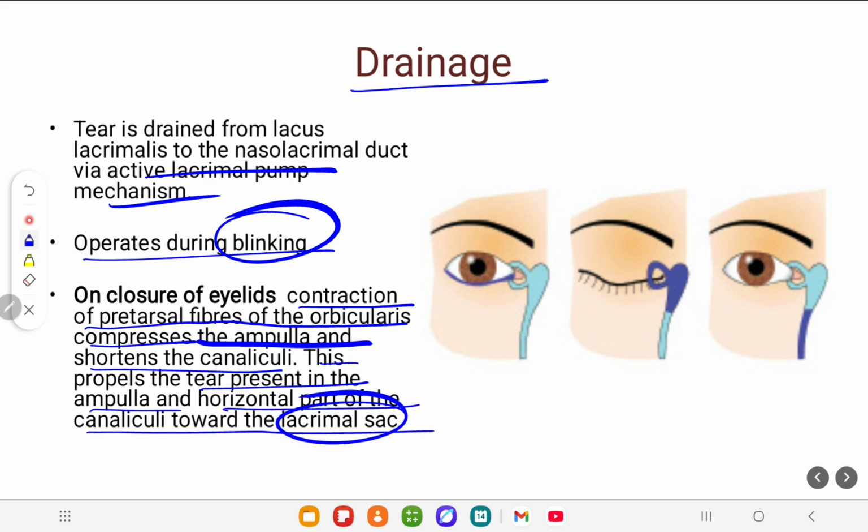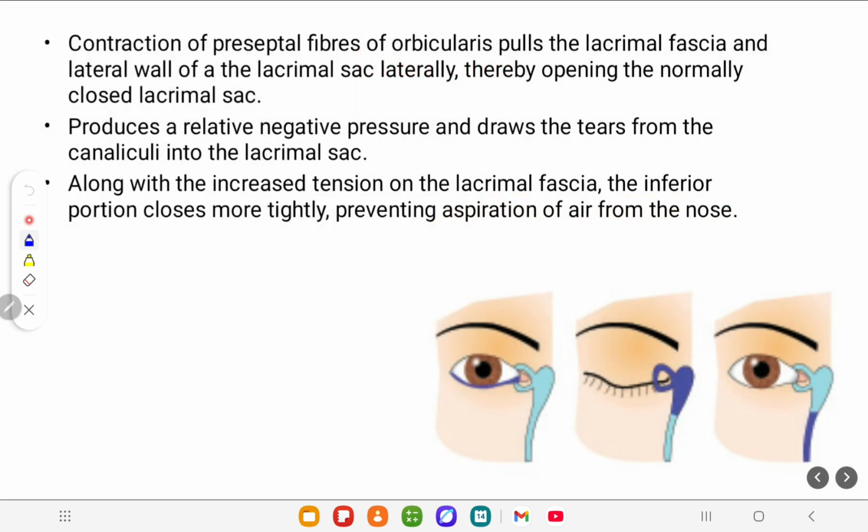Why? Because whenever we close our eyes, that creates negative pressure in the lacrimal sac. Contraction of the preseptal fibers of the orbicularis pulls the lacrimal fascia and the lateral wall of the lacrimal sac laterally, thereby opening the normally closed lacrimal sac.